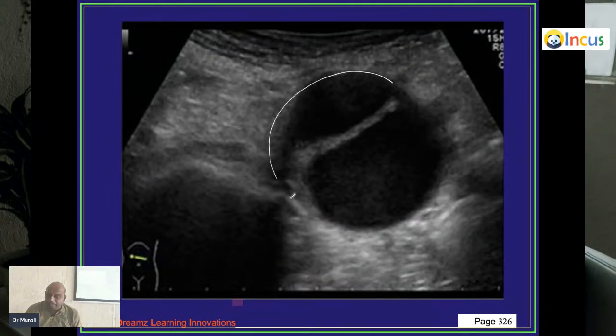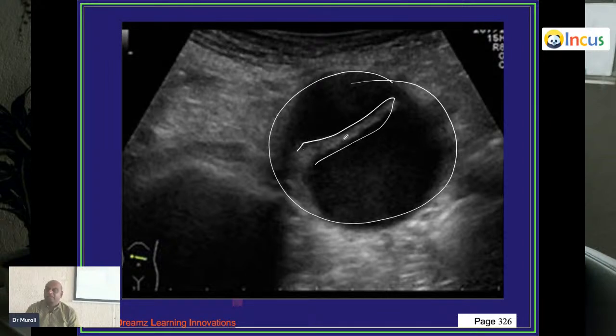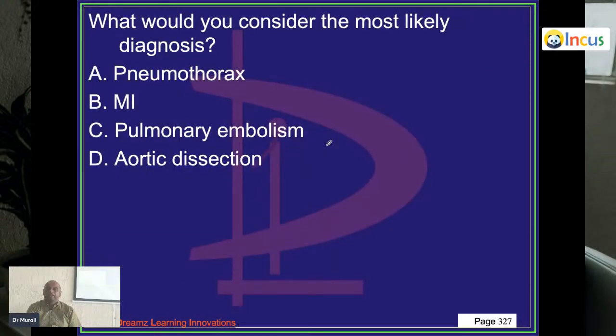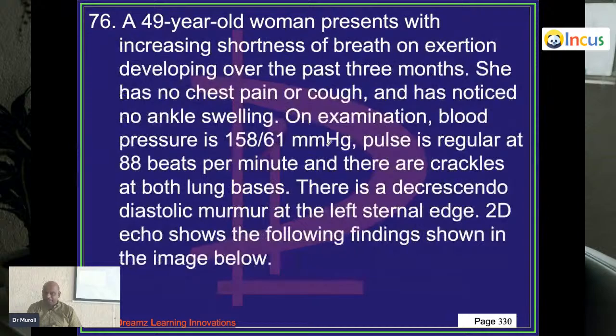So what do you see here? Aortic dissection with the flap, the dissecting vessel. All this is blood, and that made the lumen become condensed. And here you can even see that dissected flap. So it is aortic dissection.